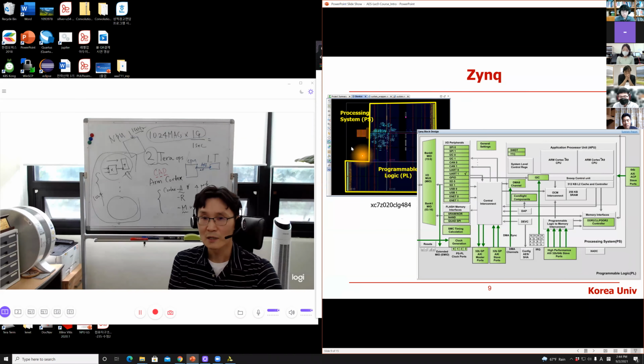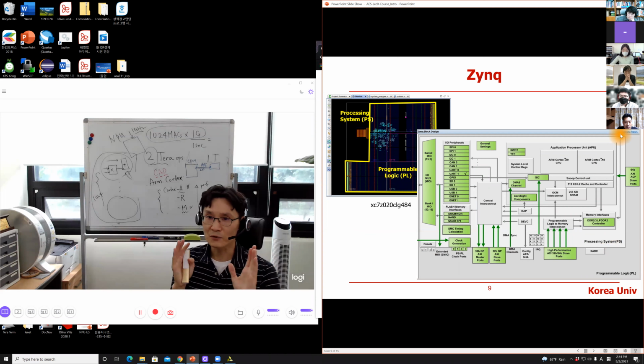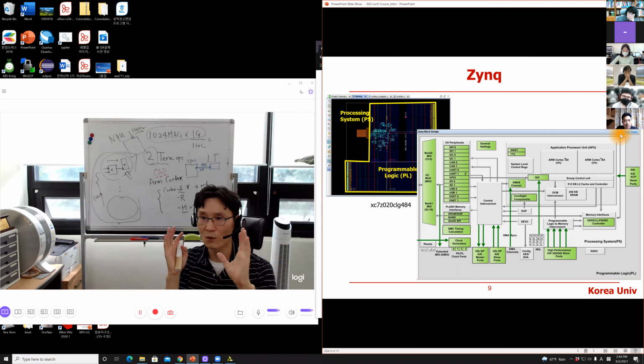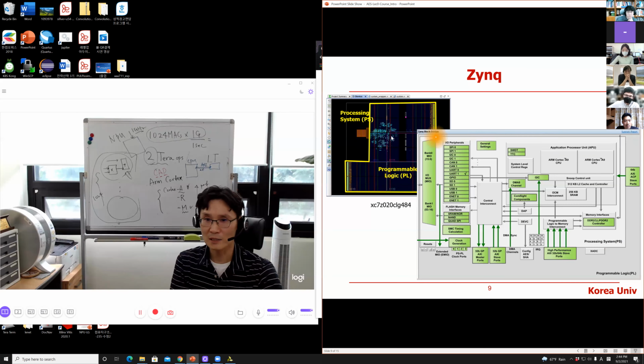You have the PS, processing system, and the PL, two sections, PS and PL. This is the block diagram of the PS, processing system. It is fused into the device. That means you cannot take it out. It is always there. It is a hard macro device.